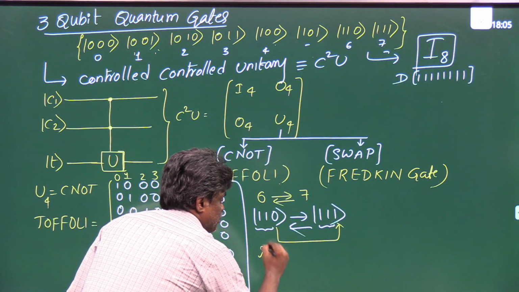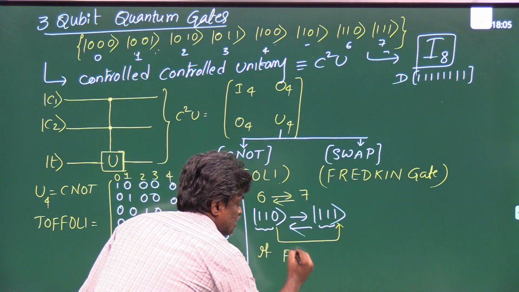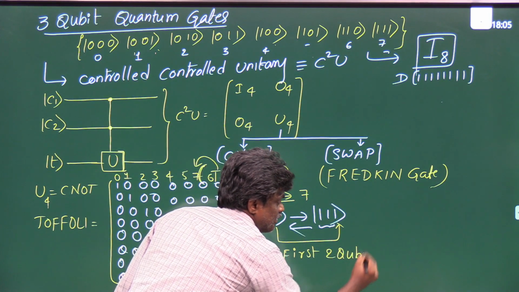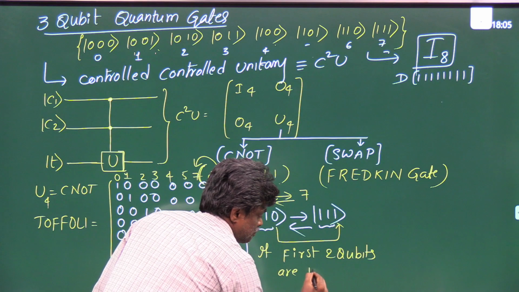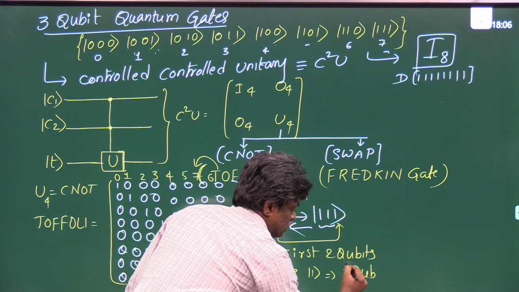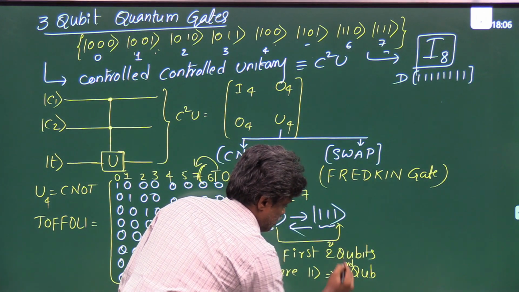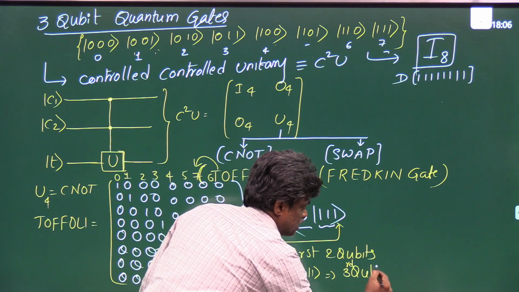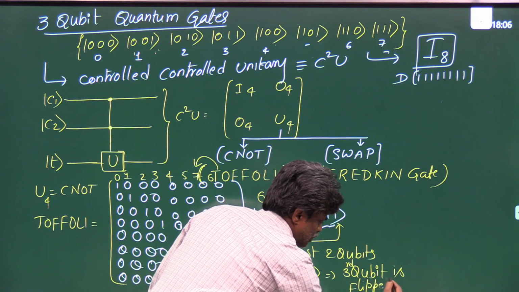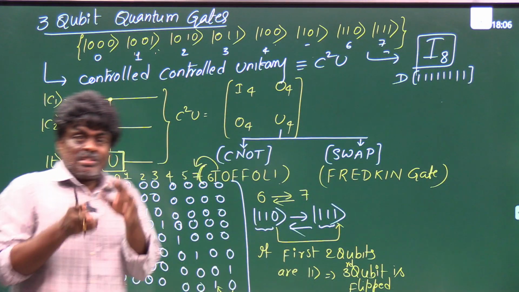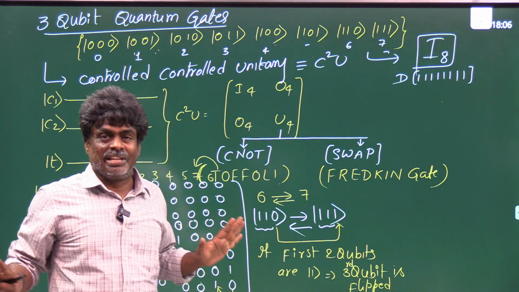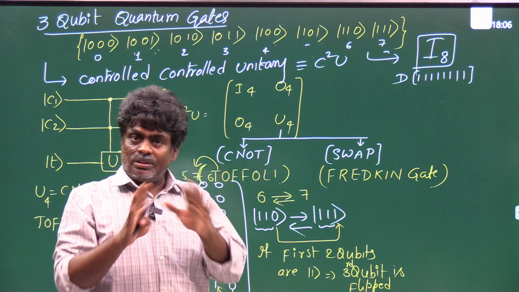So if the first two qubits are 1, then the third qubit is flipped. Whatever you understand, write in your own language. If the first two qubits are equal to 1, then the third qubit is flipped. Otherwise, no change. So for the Toffoli gate, no need to get tension.